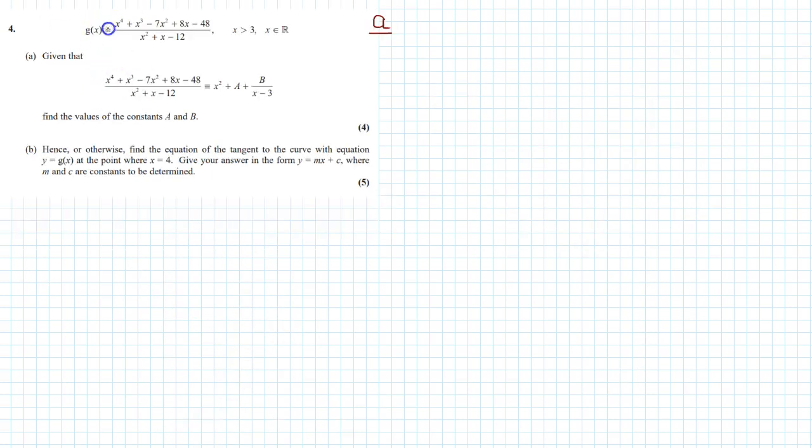Question number 4. Given that g(x) is this and that it is equal to x square plus a plus b, you can solve it using partial fractions, but here you have x square plus a, so my advice is to do direct division.